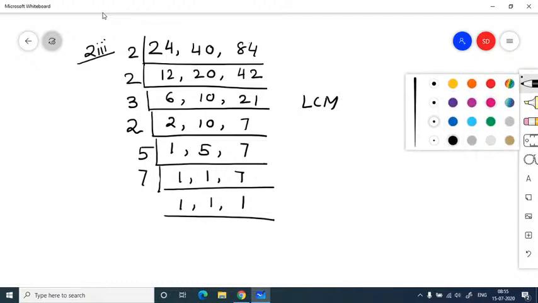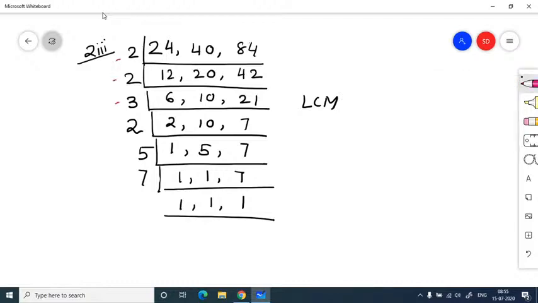All these factors that you have got will be your LCM. So 2 into 2 into 2, 2 into 2 into 2, into 3, into 5, into 7.